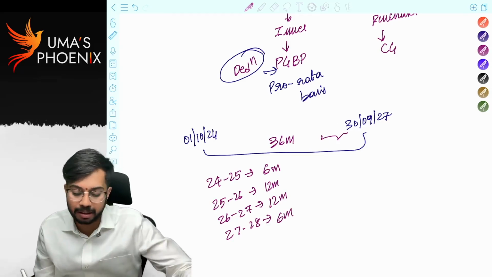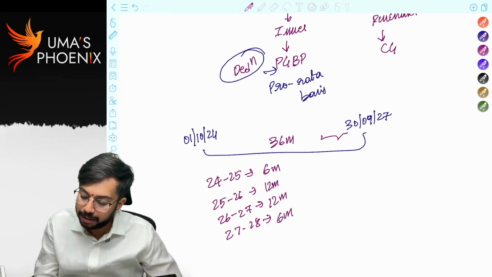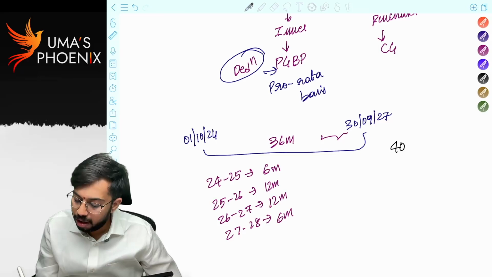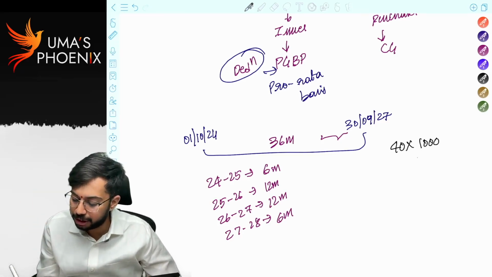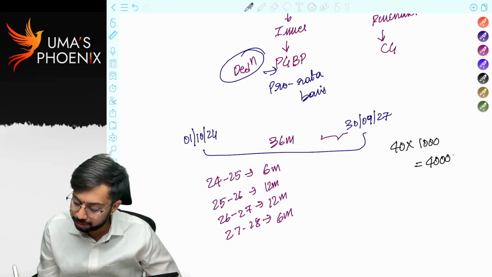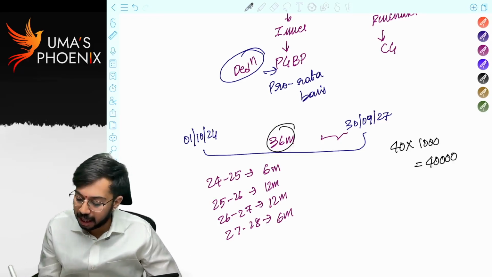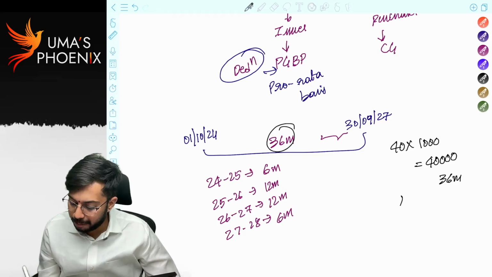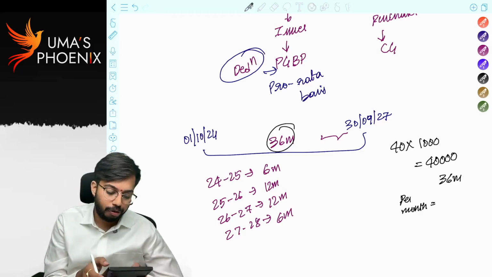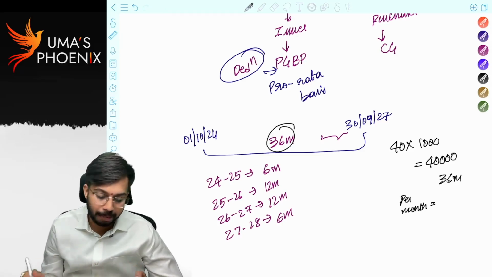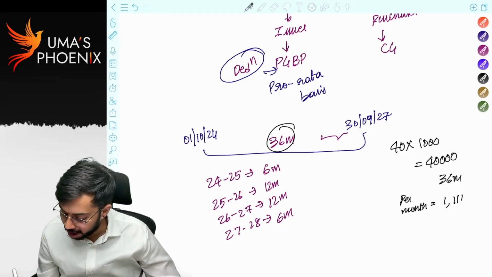Let's say 40 rupees, and 1000 zero coupon bonds are issued. 40 into 1000 is 40,000. Total months are 36. So per month, 40,000 divided by 36 is 1111 rupees.